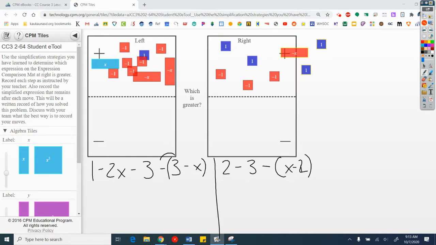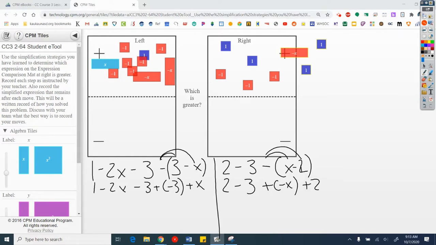The minus positive 3 became plus a negative 3, and the minus an x became a plus x. Same thing over here: 2 minus 3, the positive x became plus a negative x, and the minus a negative 2 became plus 2. Go ahead and combine like terms, aka make zeros.